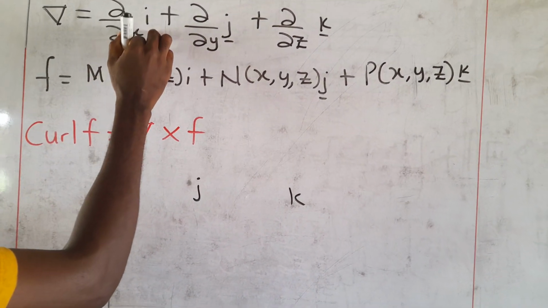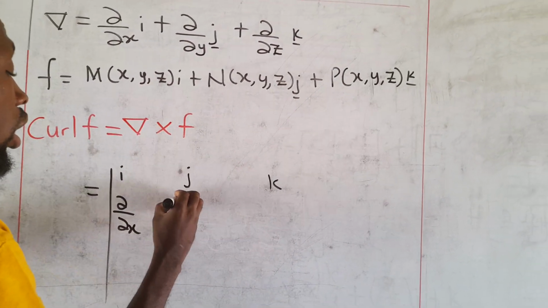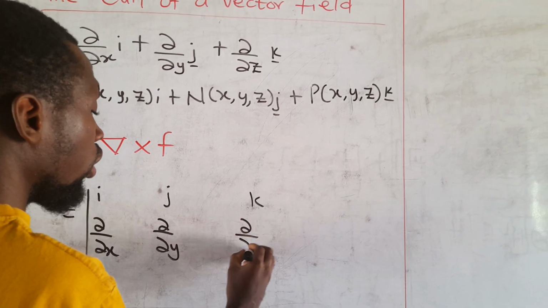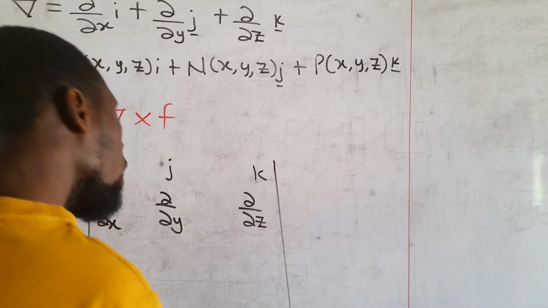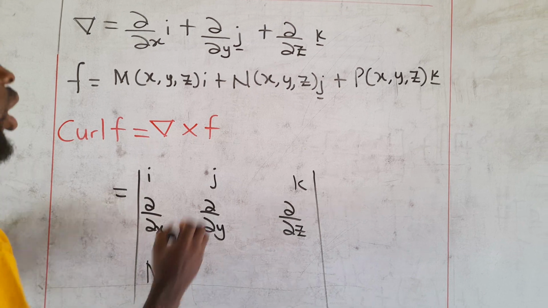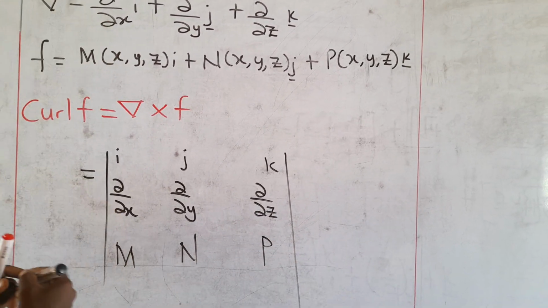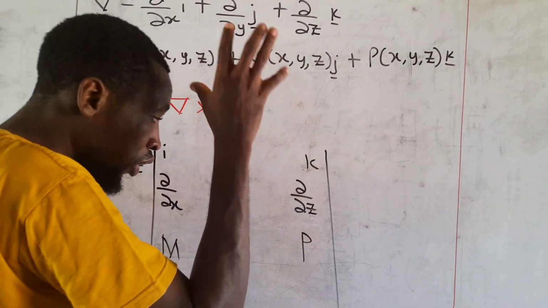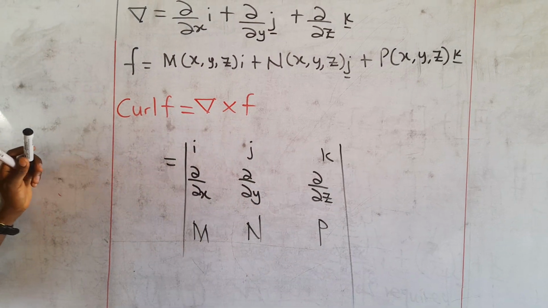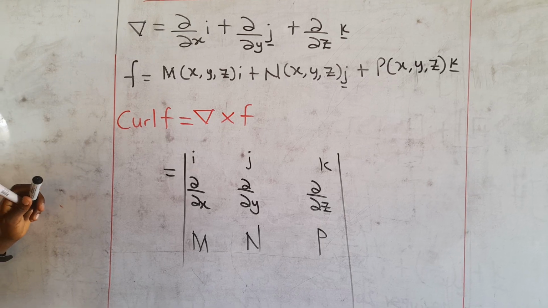In this place the coefficients are del over del x, then del over del y, del over del z. Then here the i component is m, the j component is n, and the k component is p. Finding the determinant of this matrix gives the curl of the vector field, or the cross product between the differential operator and the vector field.